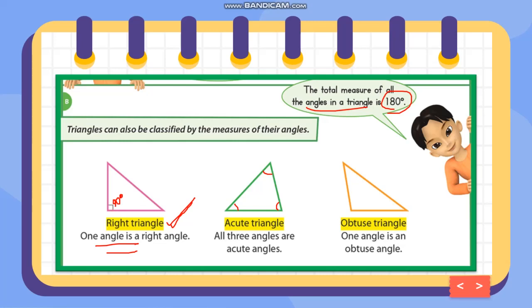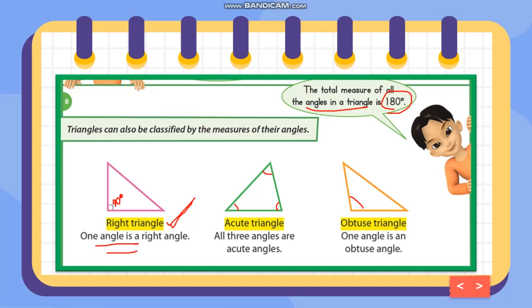triangle. Obtuse triangle, if one angle is obtuse. When we say obtuse angle, it means the angle measures more than 90 degrees but less than 180 degrees. So if you see a measurement of an angle that is more than 90 but less than 180, that is absolutely an obtuse triangle. Why? Because it has one obtuse angle.